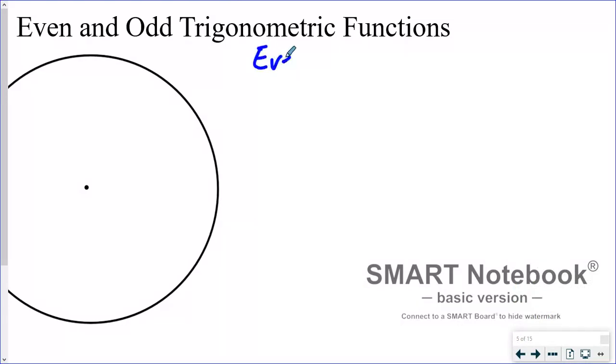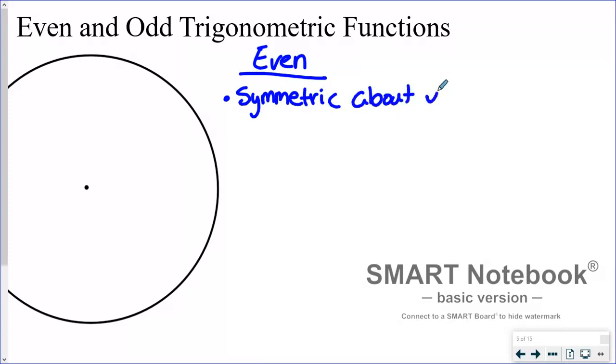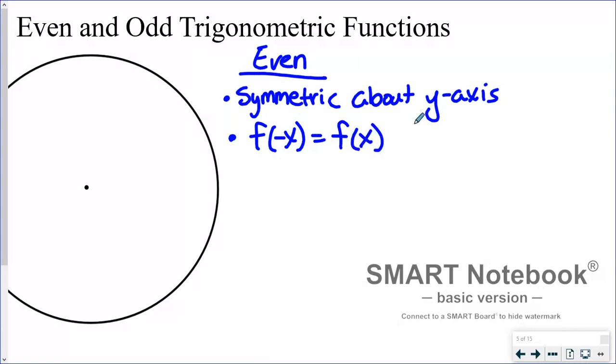An even function is symmetric about the y-axis, and when you plug negative x into the function, it doesn't change the function at all.